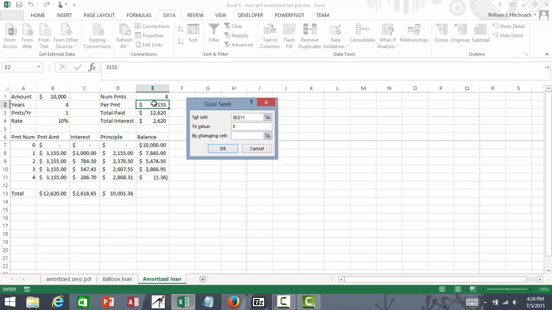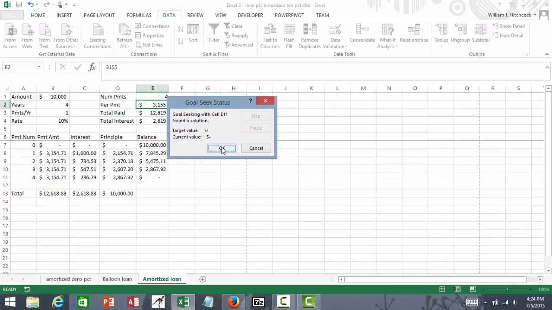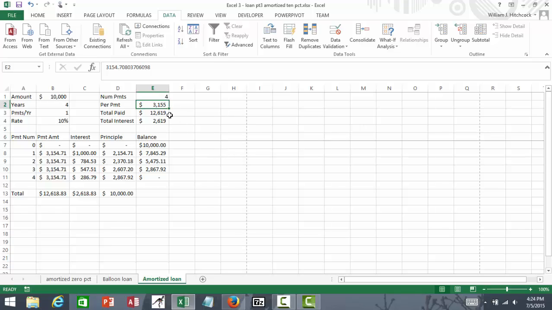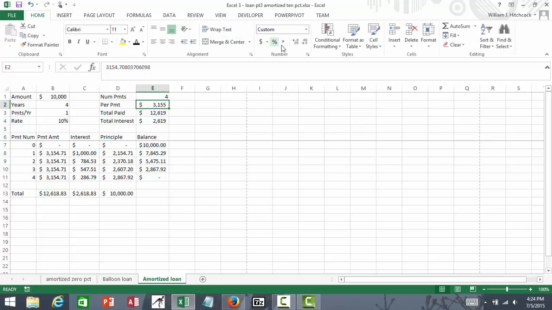And I'm going to change the cell where I've got my periodic payment. Hit OK. It finds a solution, and it turns out that it actually was really close to $3,155. And in fact, if we increase the decimal here a couple of times, it's $3,154.71.